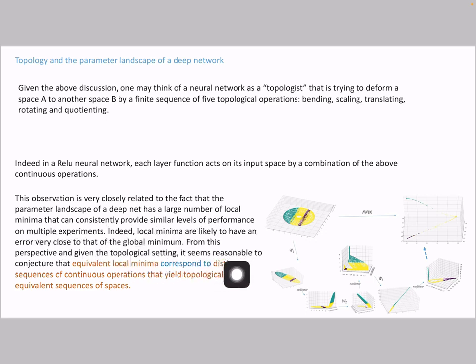So from this perspective, there is some sort of correspondence between local minima for the landscape of a deep net and distinct sequences of continuous operations that yield topologically equivalent sequence of spaces.